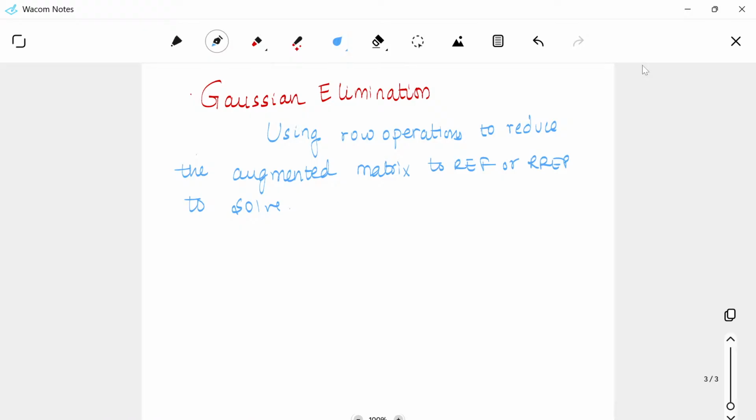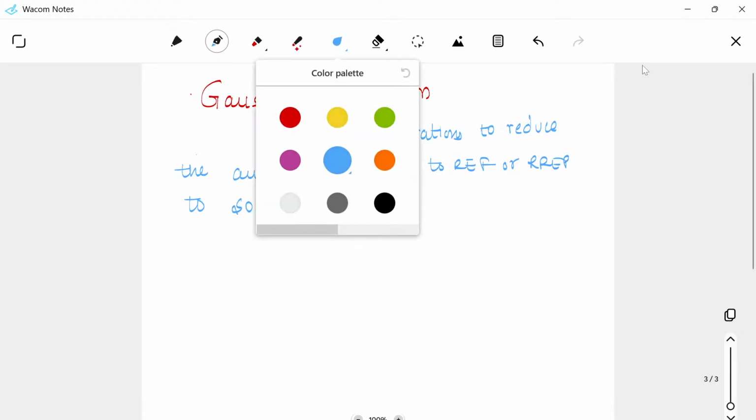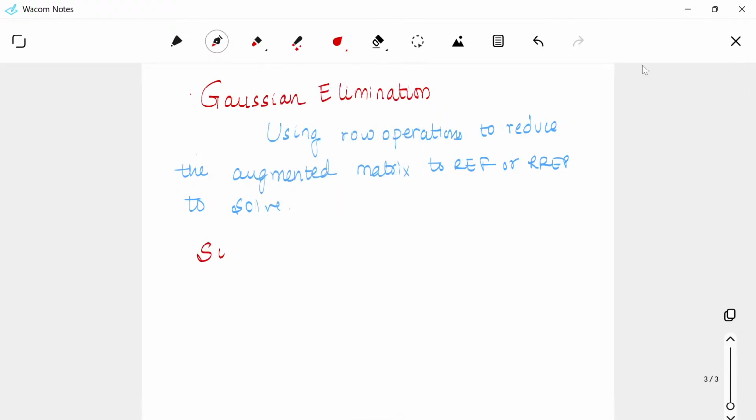Then you have the solution types. If this is like this, you need to find the unique solution.